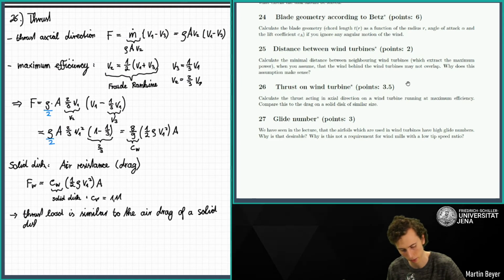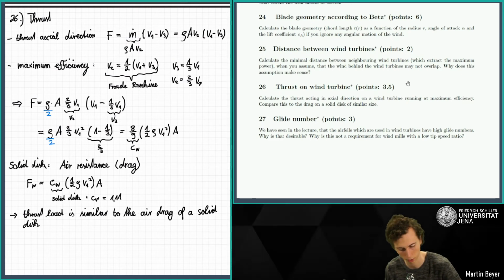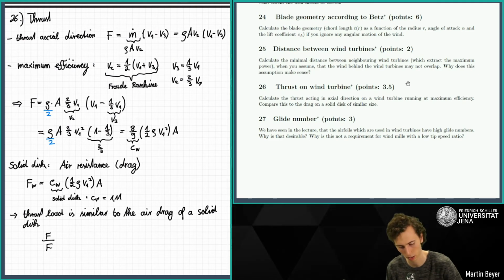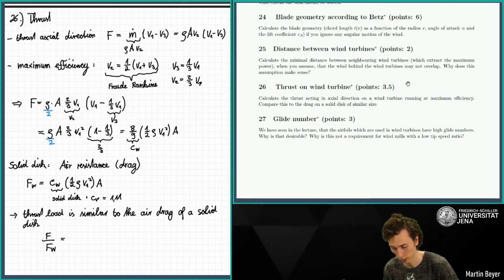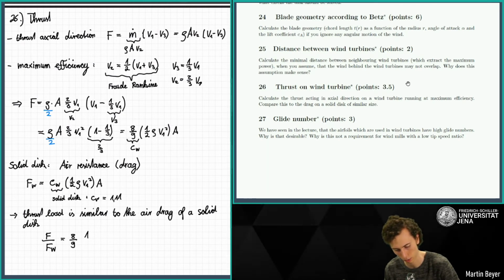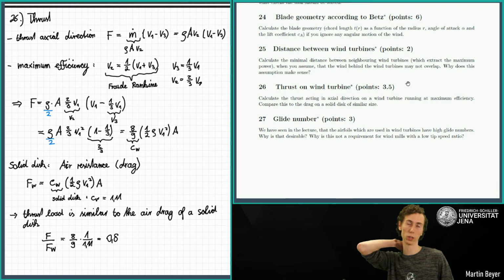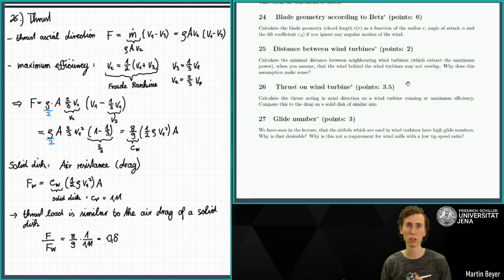And comparing this, so just dividing the thrust on our wind turbine by the thrust on the solid disk, we find that this is about 8/9 times 1 over the drag coefficient, which is about 0.8. So the thrust on the wind turbine is a little bit smaller, but it's in the same order of magnitude.